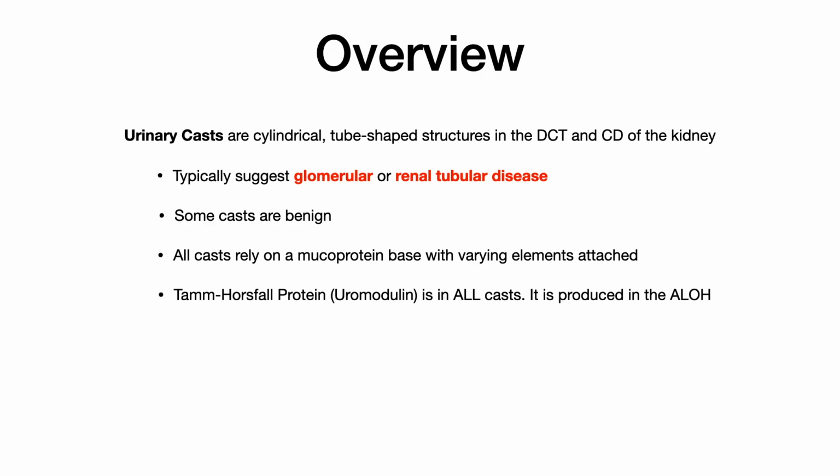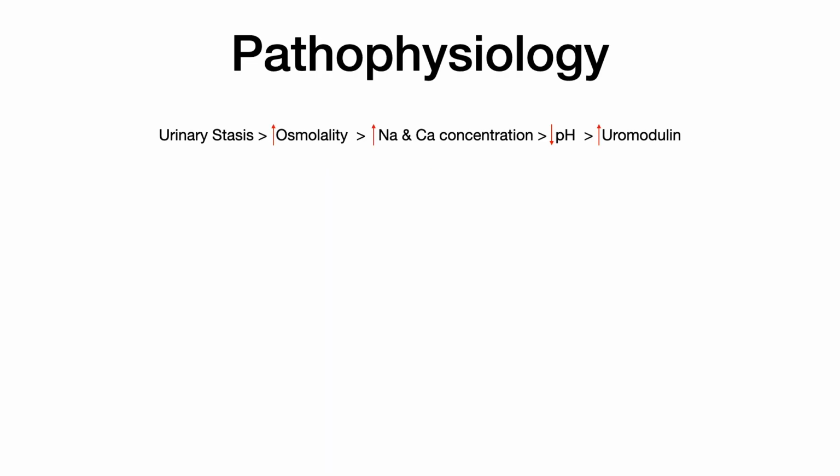So now that we understand what a cast is, let's talk about how a cast is formed. In general, you're going to have on your exam urinary stasis. This could be due to various different reasons, right? It could be due to some type of kidney injury, acute tubular injury or acute tubular necrosis, or glomerulonephritis.